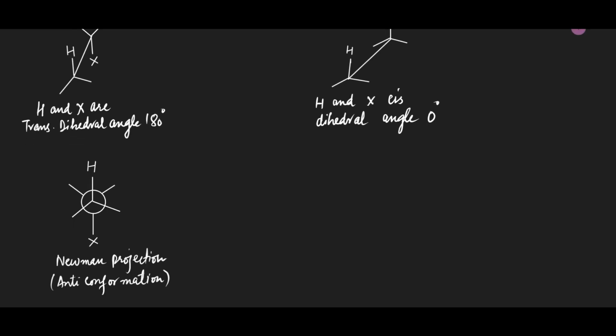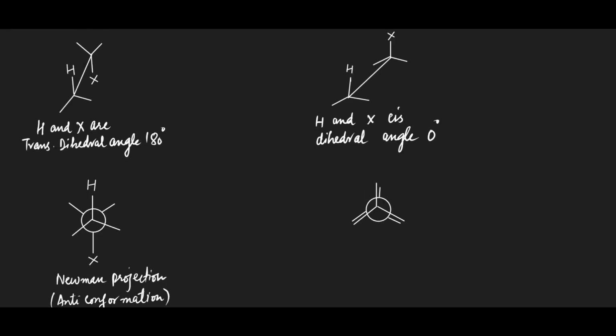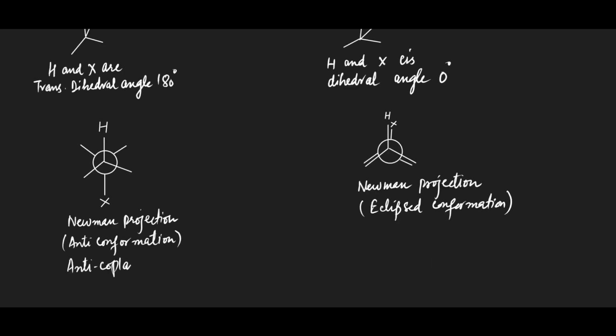Similarly, this sawhorse can be drawn as a Newman projection like this: both the hydrogen on the front and X on the back carbon go up. And this is called the eclipsed conformation. This one is called the anti-coplanar arrangement, whereas this one is called the syn-coplanar arrangement. The anti conformation is lower in energy because it is a staggered, anti conformation.